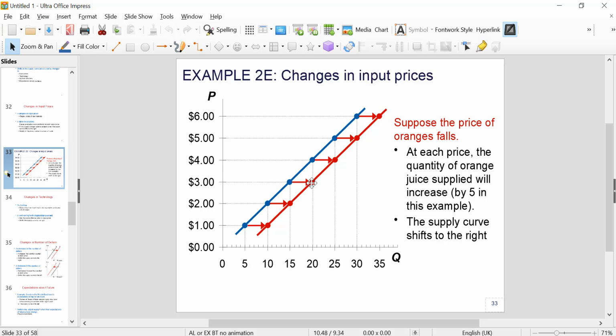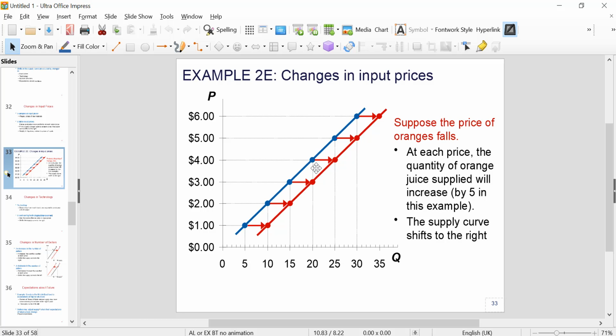In this case, the shift is by 5 units. At $3, originally these sellers were selling 15 units, but now because of the input price reduction, at this given price they are willing to produce and supply more. So 5 more in this case.